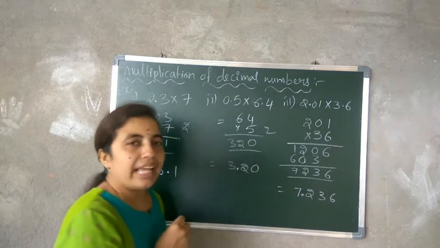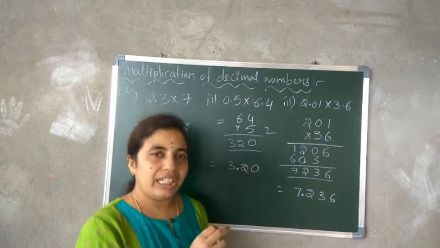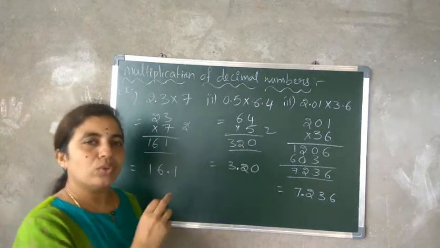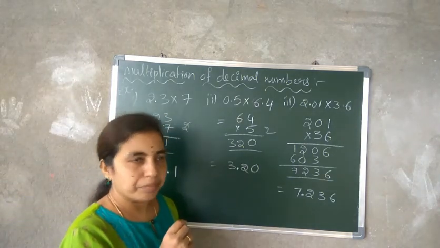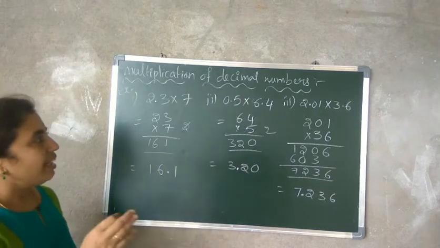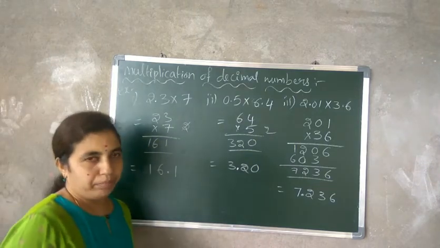So the answer is 7.236. Okay, clear? This is how to multiply when two decimal numbers are given.